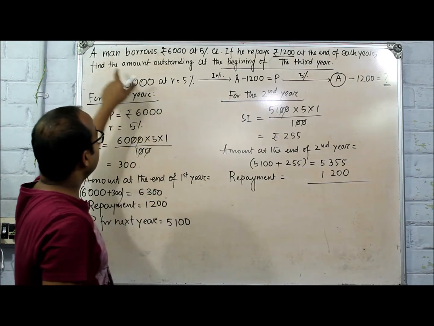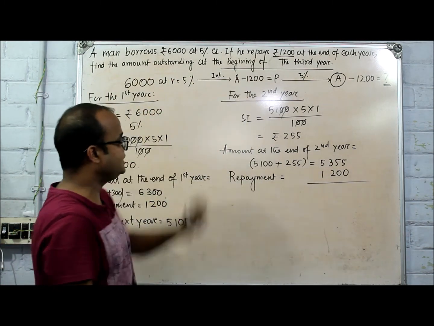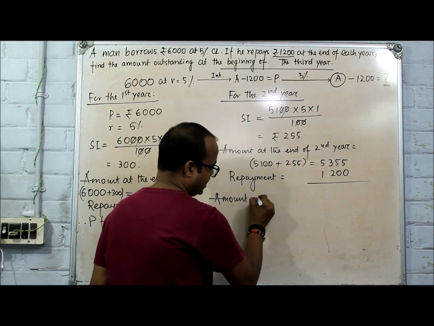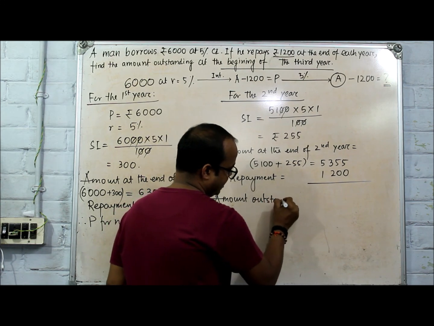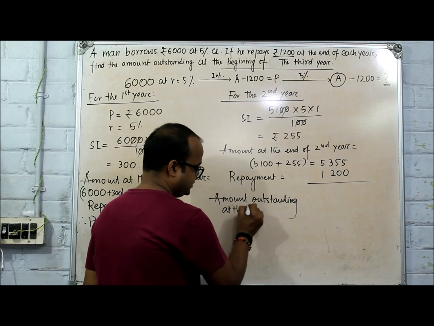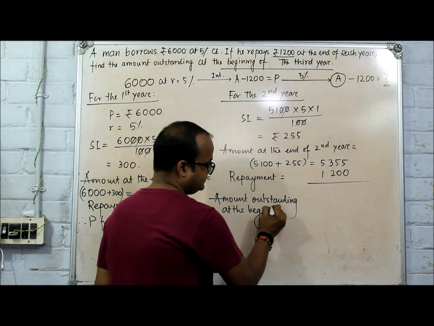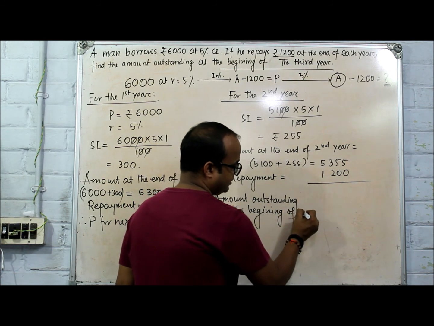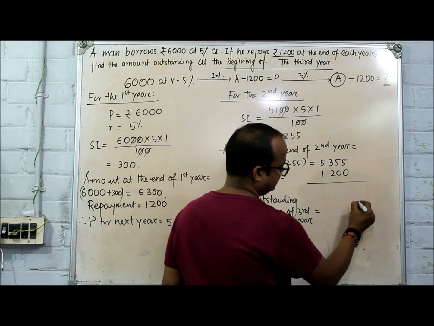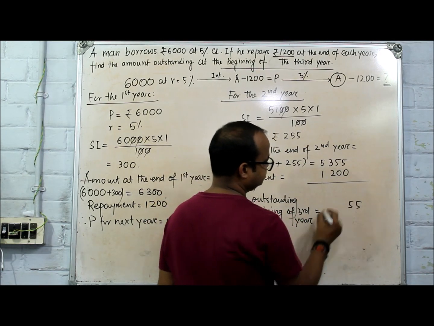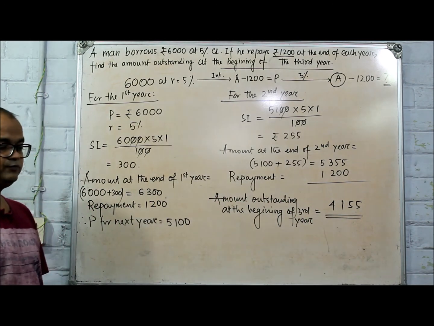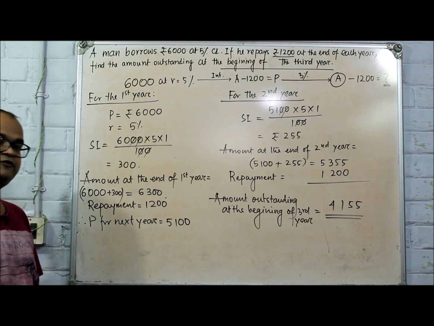So amount outstanding at the beginning of third year, if you subtract these two, you are getting 4155 rupees.